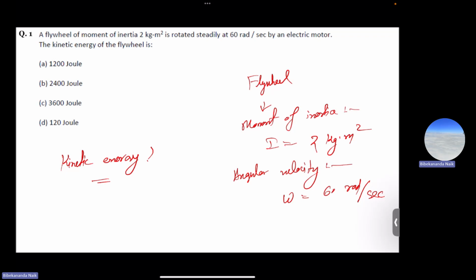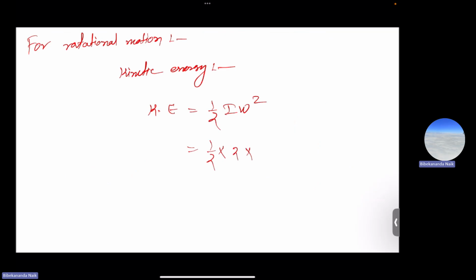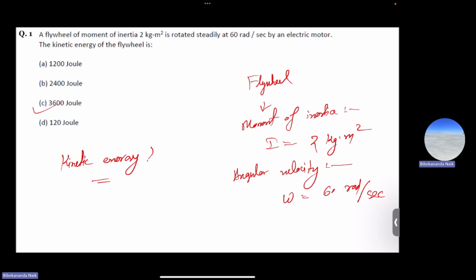So simply we put the values: half into 2 into 60 square, so it is 3600, and the unit of energy is joule. So the correct answer is 3600 joule, that is option C.